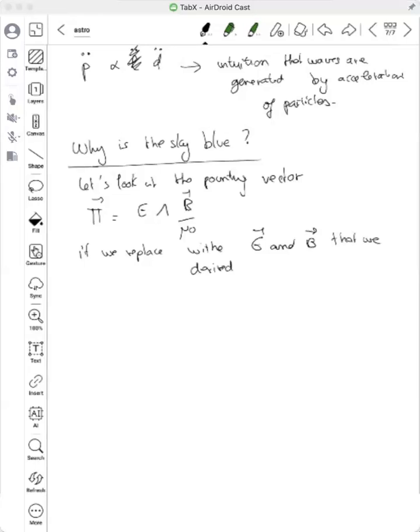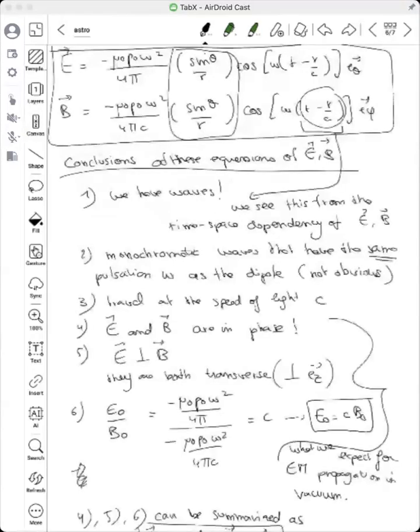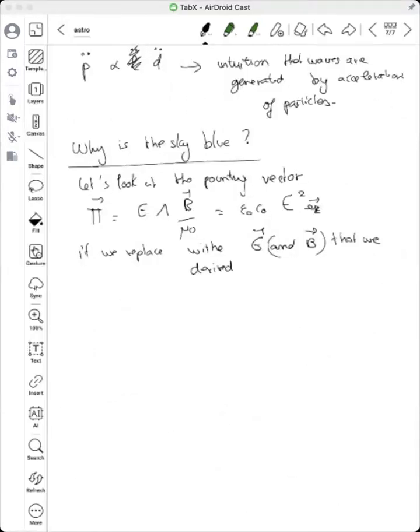What you get is also equal to epsilon 0 c E squared er, easy, right? You can replace here with the expression we got for E, this one. And so if we replace, we get that P is equal to mu 0 p0 squared omega to the 4 over c 16 pi squared.